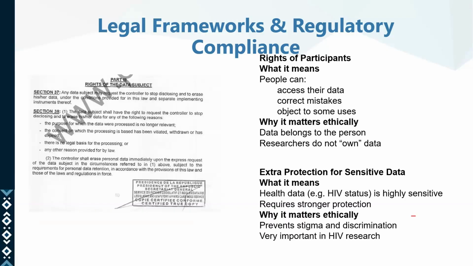That is why we are saying the more sensitive the data, the more protection is needed. This is very important when it comes to HIV research because it can cause a lot of damage, at the personal level, social level, or even community level.